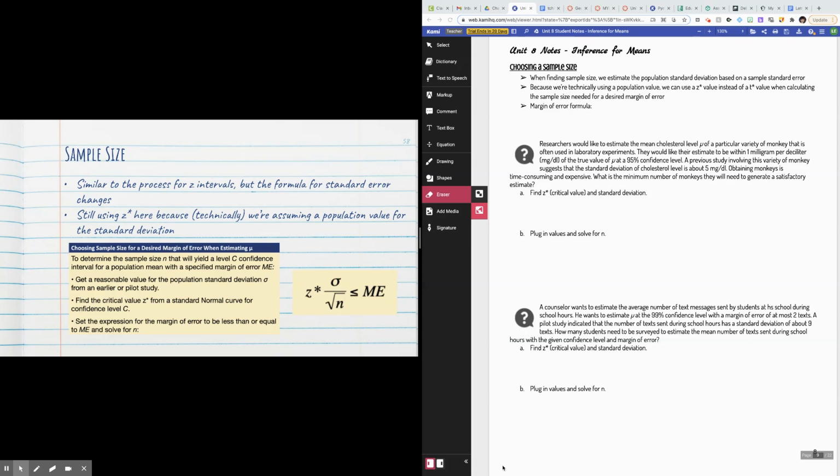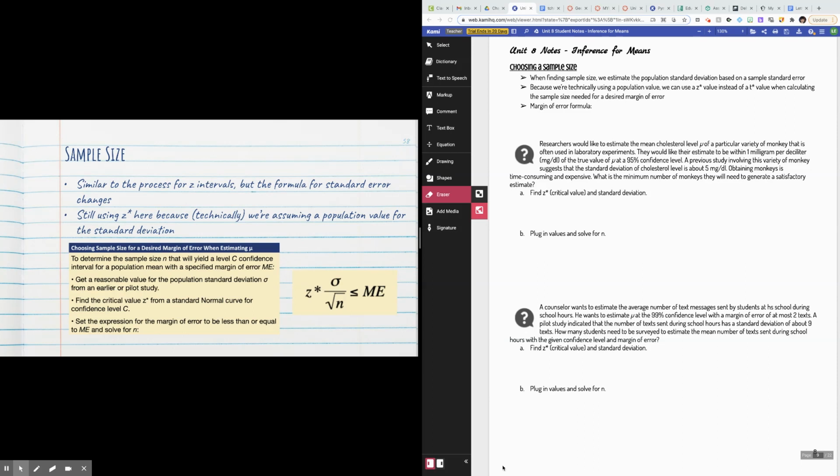Or in a previous study, they found this, right? So because we're technically using a population value or parameter, an assumed true value for the standard deviation, that means you can use Z star instead of T star when calculating sample size if you're given a margin of error.